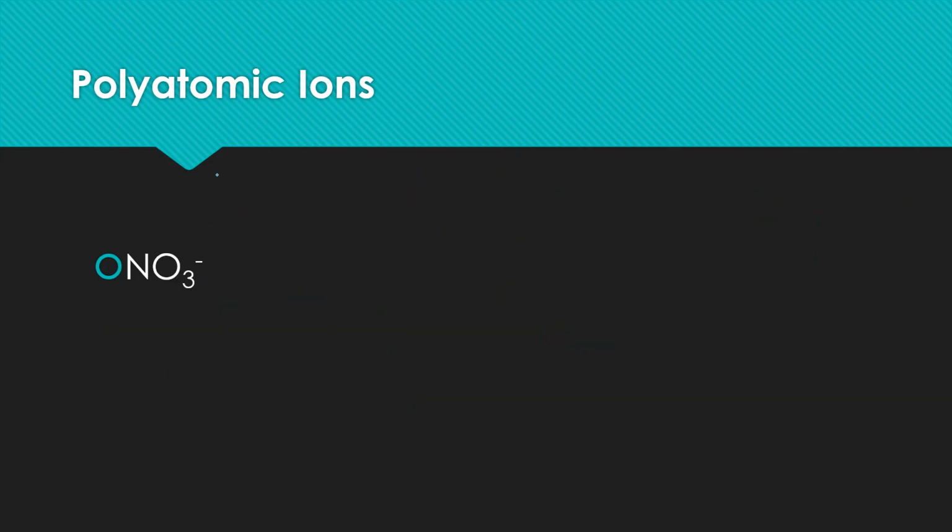NO3, nitrate. Nitrate has nitrogen and 3 oxygens, and it has 1 extra electron. So nitrogen has 5 valence electrons. Oxygen has 6 valence electrons, and there's 3 atoms.